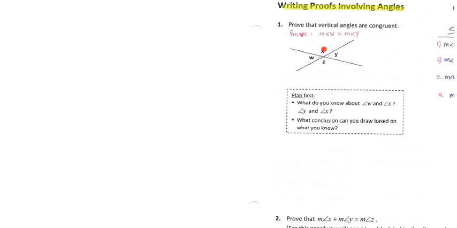In this case, we will have two pairs of vertical angles. Angle X and angle Z are vertical, and angle W and angle Y are vertical. You can choose any of these pairs, but I have decided to use angle W and angle Y. If I use these angles, our proof statement will look like this, which is already written. It would be prove that measure of angle W is equal to measure of angle Y. This would be the conclusion that we want to get.